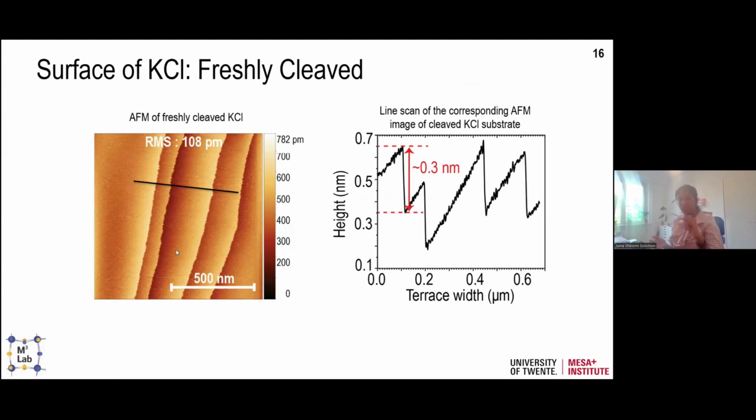So I have a potassium chloride substrate with the 100 out of plane orientation, and along the thickness, so along the 010 direction, we cleave it, exposing the atomically flat surface. The AFM image shows the atomically flat surface and the terraces of the potassium chloride substrate. Along the line, you have the line scan, showing how the terraces look.